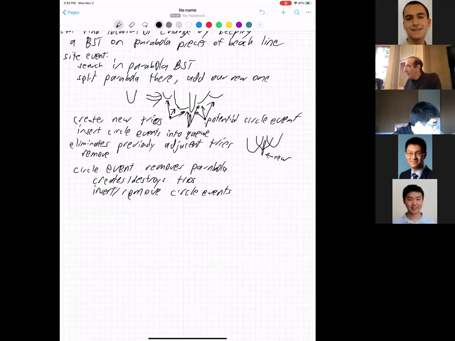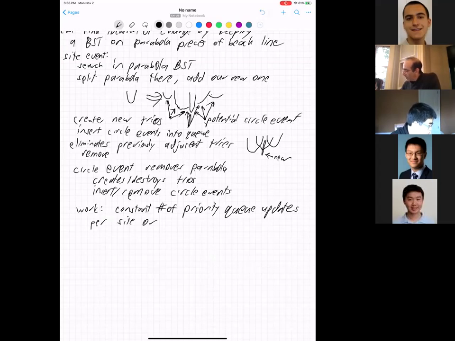Now you'll notice that at any point, each parabola is only involved in a constant number of circle events with its neighbors. So the work of all of this is a constant number of heap updates, or priority queue updates, per site or circle event.